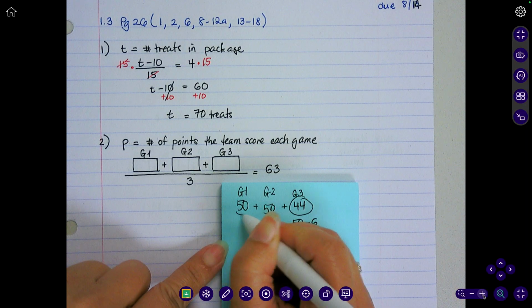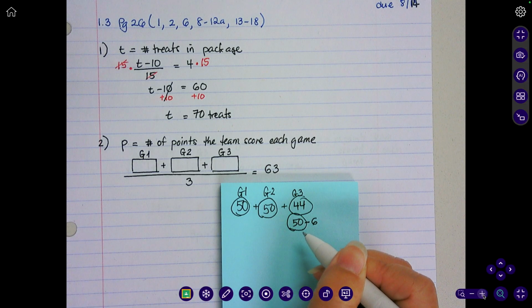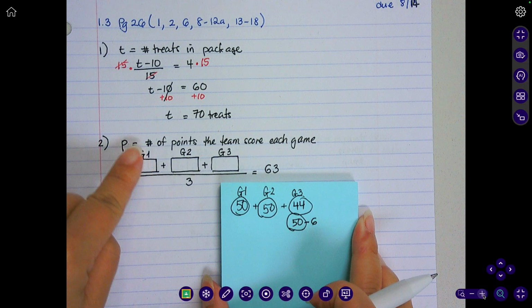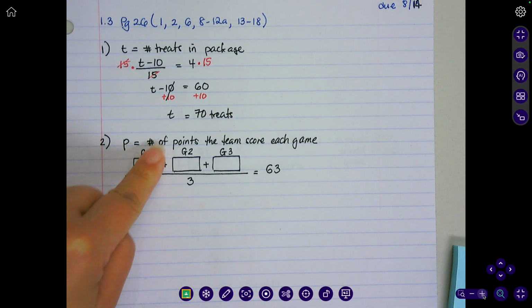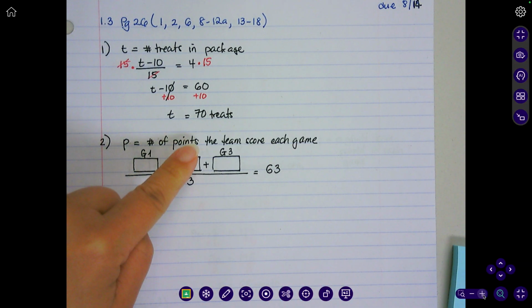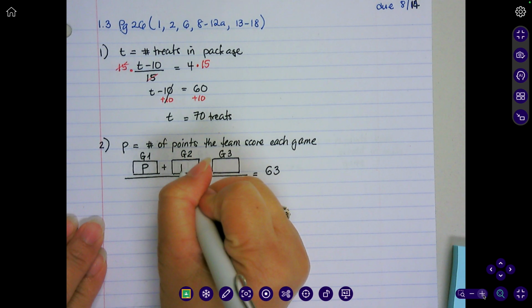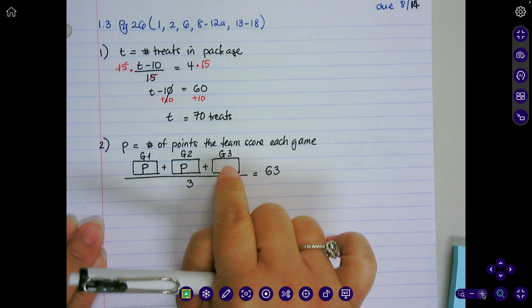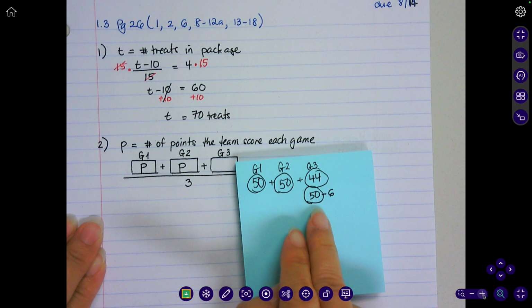Now, we don't know what that number is. I only pick this so we can sort of understand it. We know that this number stands for P. You guys see that? So that means the number of points for each game is P. So this is P. This is P. If game 2 is 6 more than game 3, you find game 3 by subtracting 6.